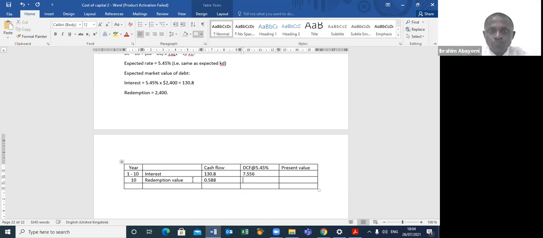then where did I put it? Sorry, I put it in the wrong place. Let me copy it, paste it here. The redemption value is 2,400 million. That's the redemption value.